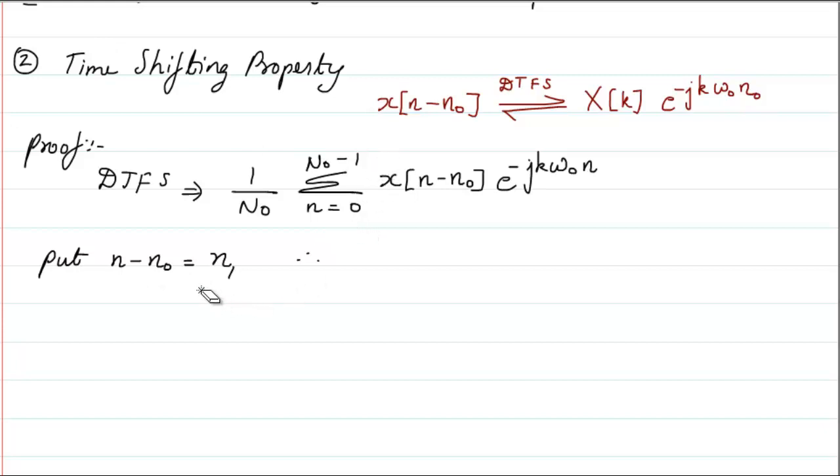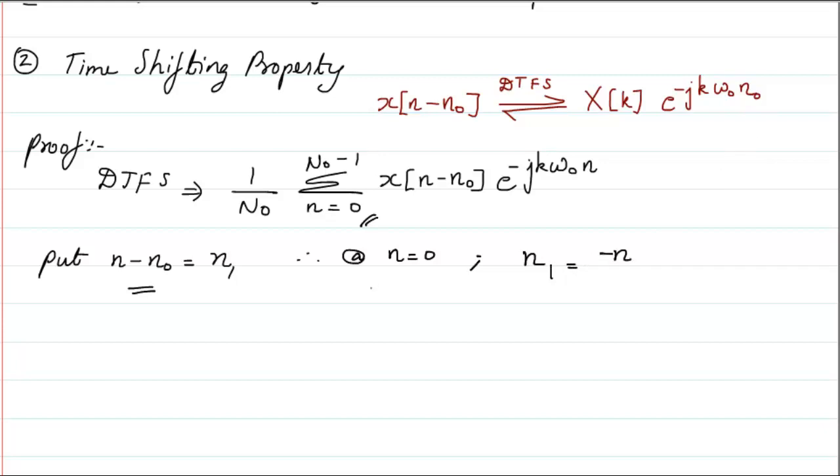So if this is the equation, then I can say that therefore at n equal to 0, which is the lower limit, if I substitute in this equation the value of n1 according to this equation, its value of n1 will come out to be 0 minus n0.